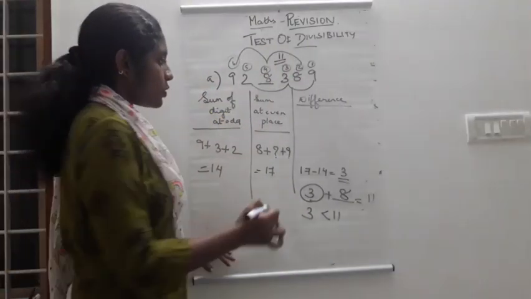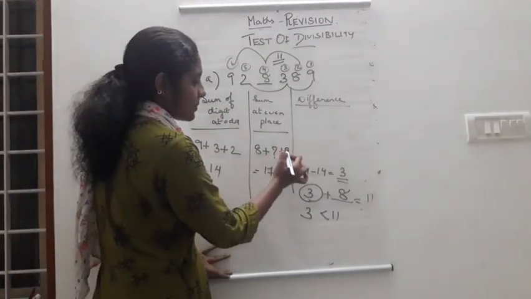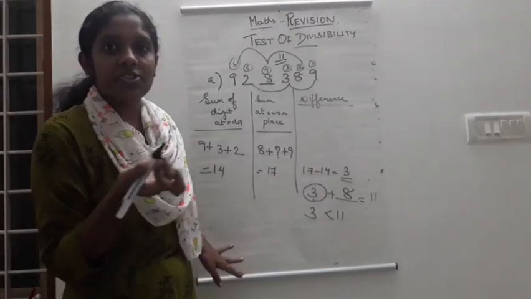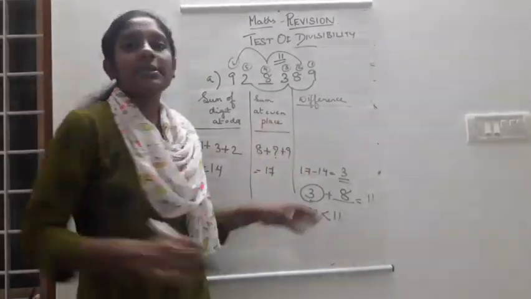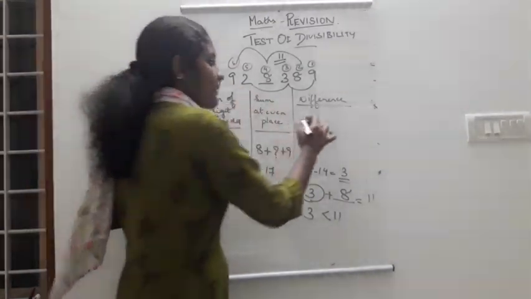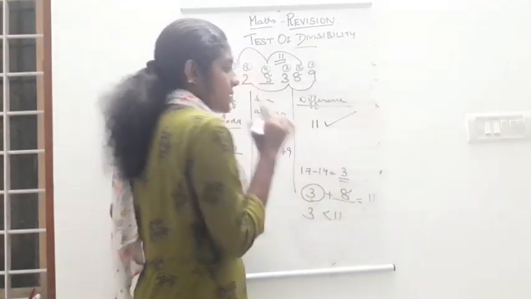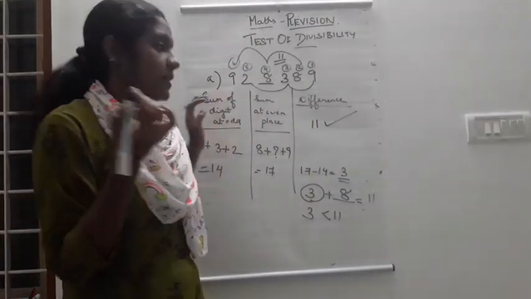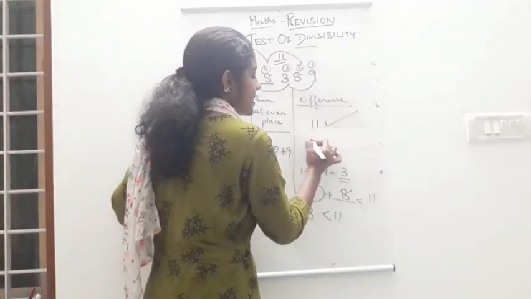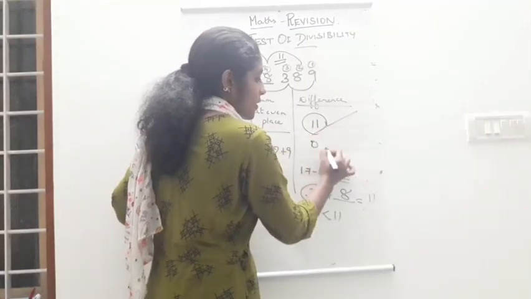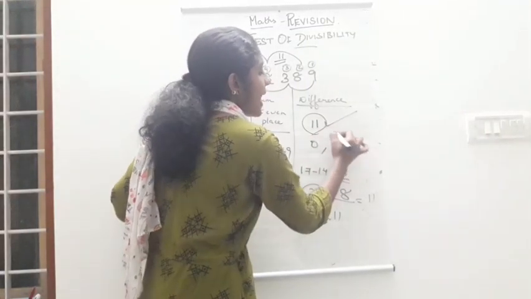You can check: 8 plus 8 plus 9, the difference is 11, which means the number is divisible by 11. In the divisibility test, the difference should be either 0 or divisible by 11.